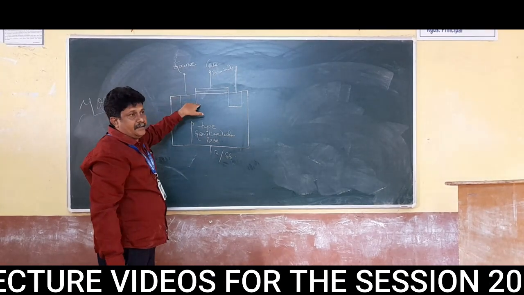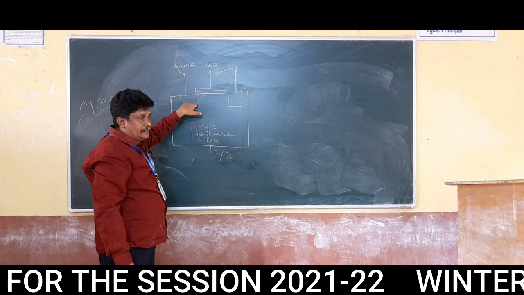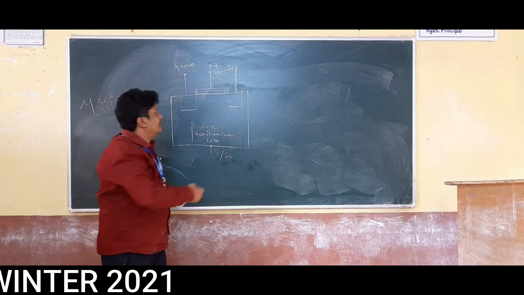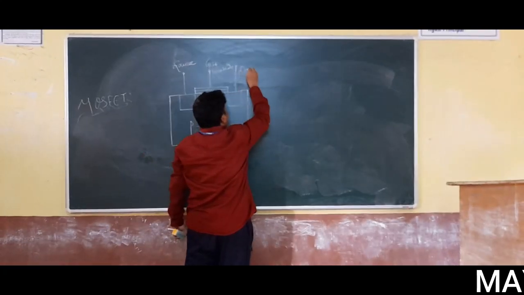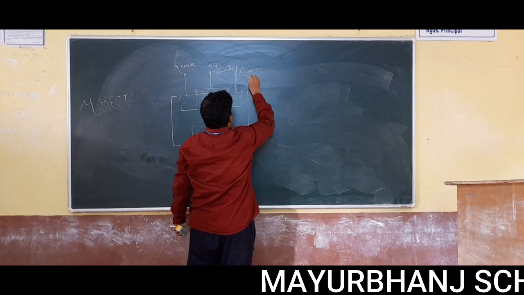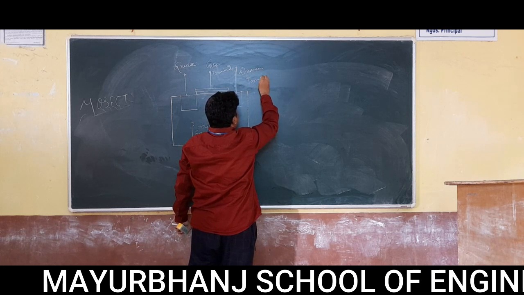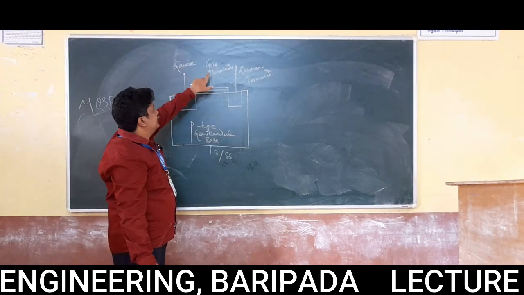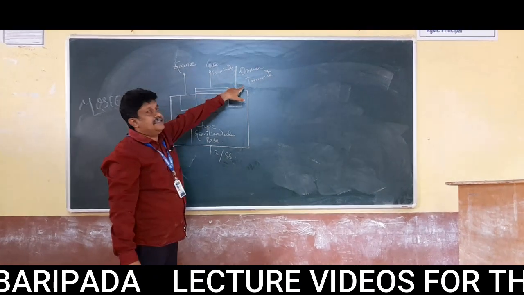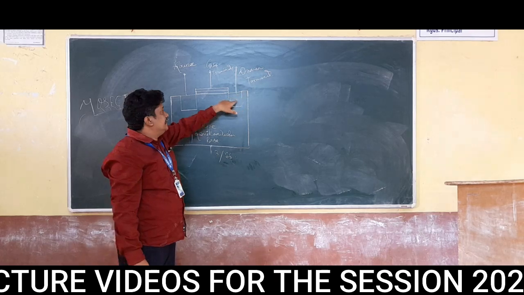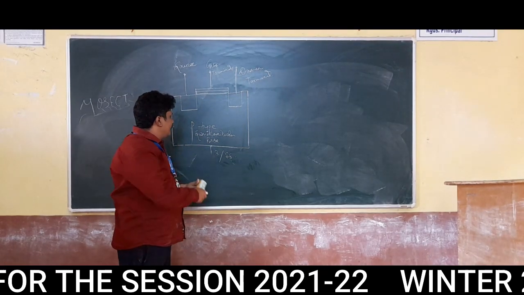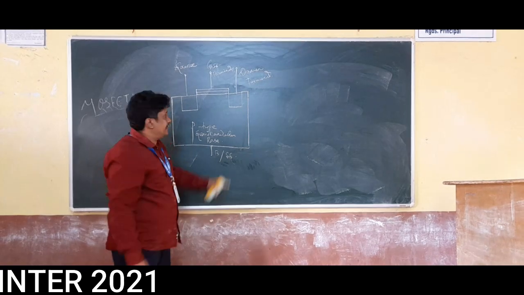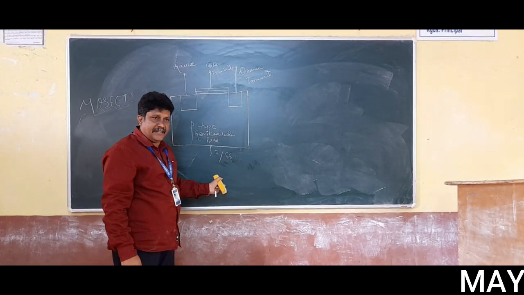This is our source terminal. So what about this terminal? This must be the drain terminal. They may be the same or interchangeable. So look, this is the source terminal, this is the gate terminal, and this is the drain terminal. These are the main four terminals which are present in a MOSFET.